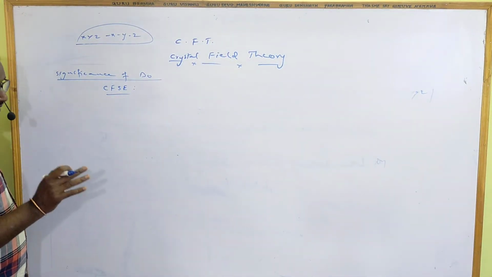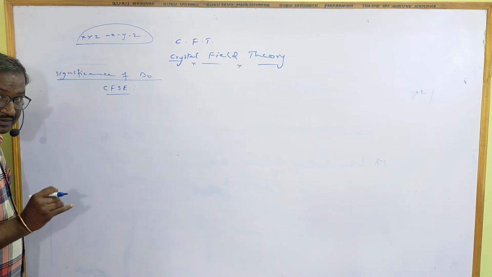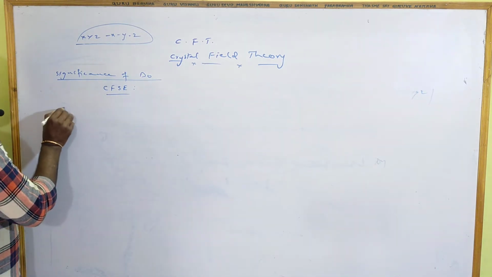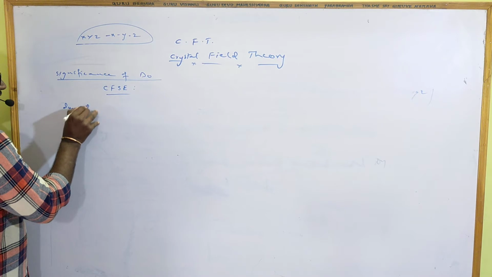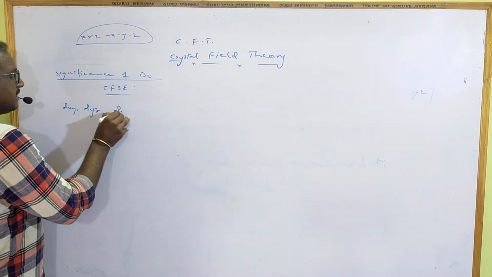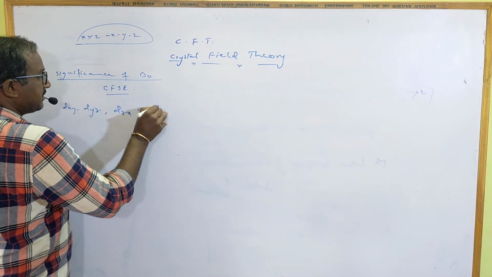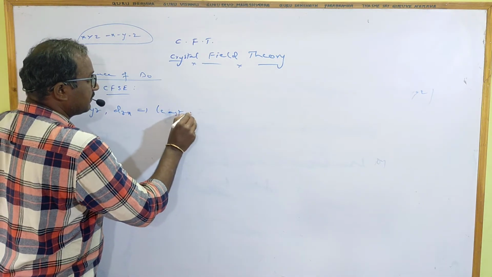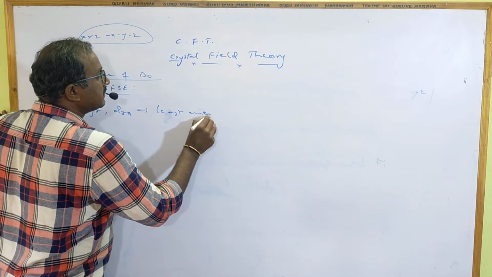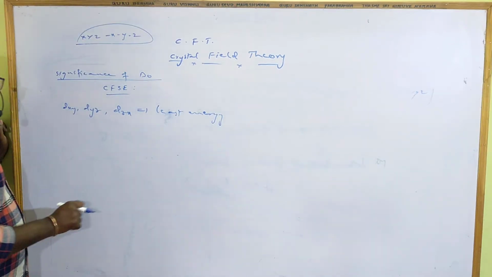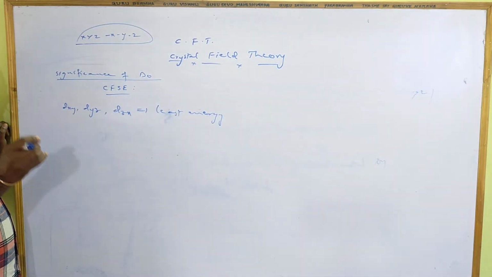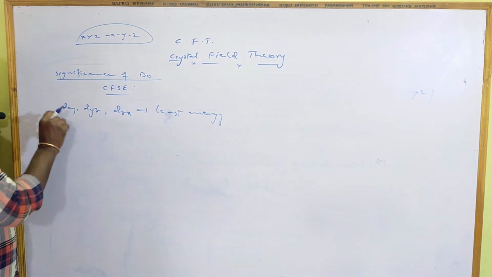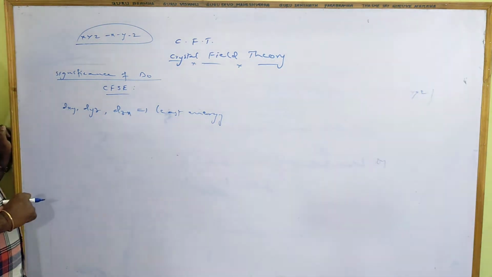After d orbital splitting, which orbital contains the least energy? dxy, dyz, dzx. These 3 orbitals contain the least energy. The electrons coming from the ligands first enter these orbitals.